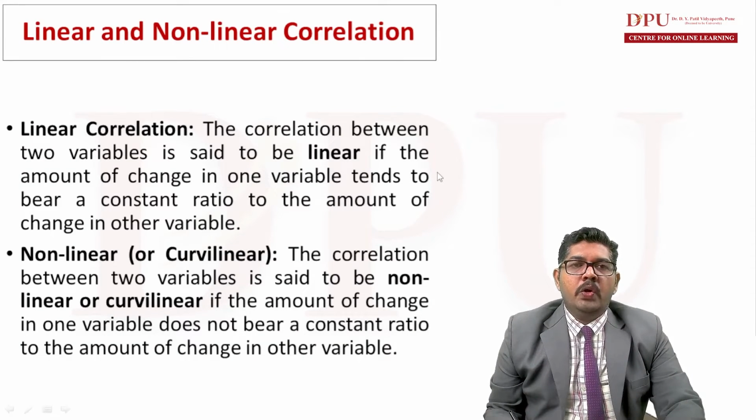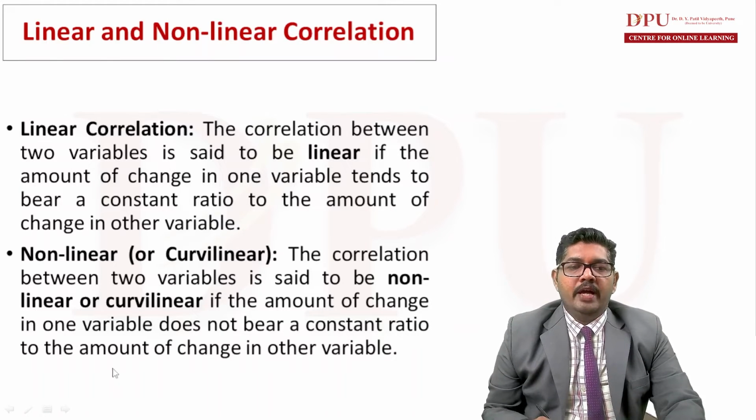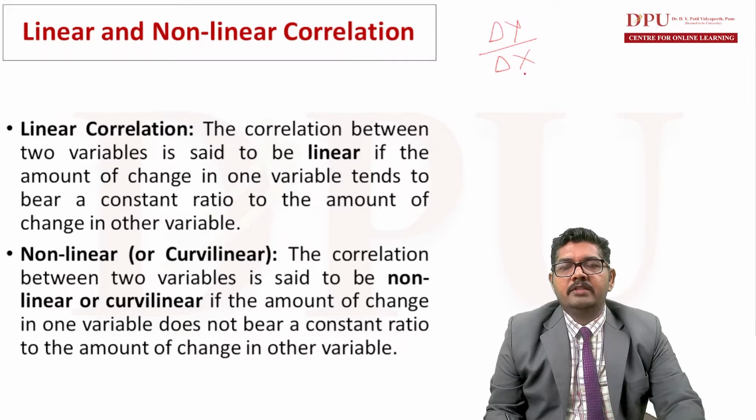Linear and non-linear correlation. The correlation between the two variables is said to be linear if the amount of change in one variable tends to bear a constant ratio to the amount of change in the other variable. So, as already discussed, the change in one variable and the change in the other variable x. So if this ratio is constant, then we call it a linear relationship.